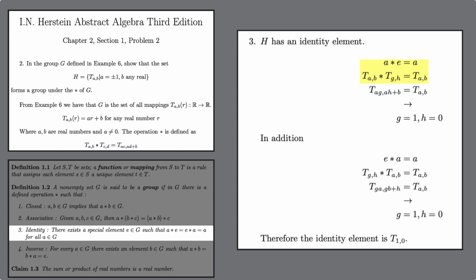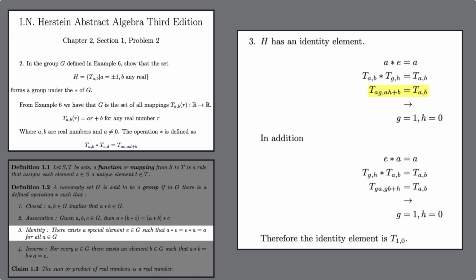We need to solve for the identity element, which in this case boils down to solving for G and H. So we apply star and say, hey, the first subscript on the left-hand side of the equation has to equal the first subscript on the right-hand side of the equation. And same thing for the second subscript. In order for AG to equal A, G has to equal 1.